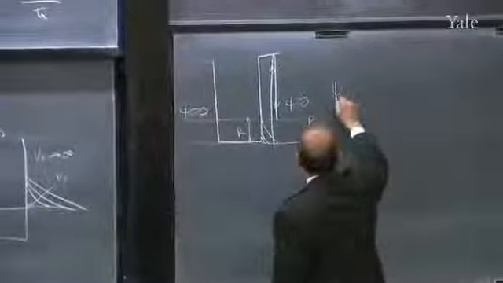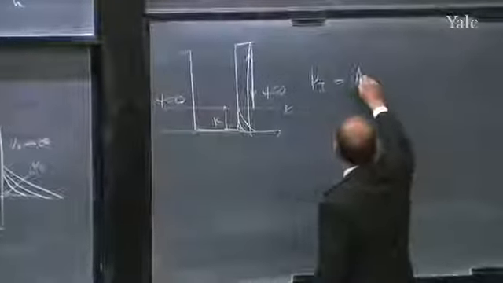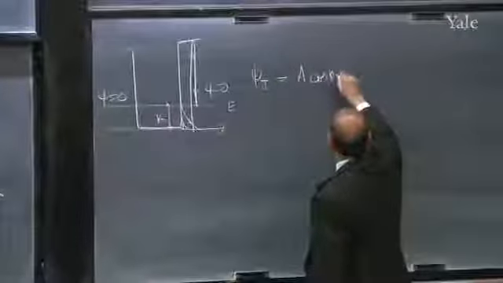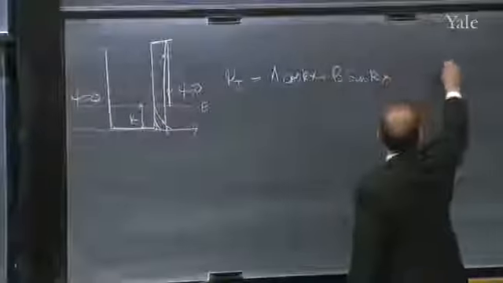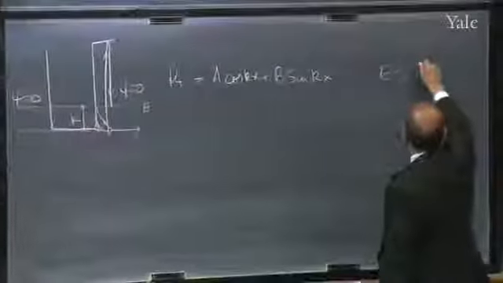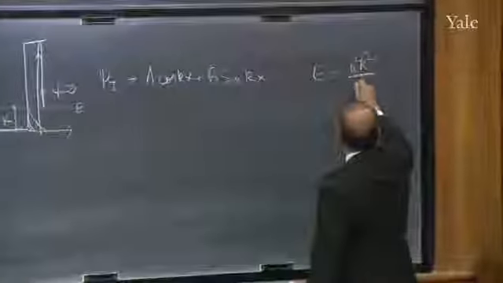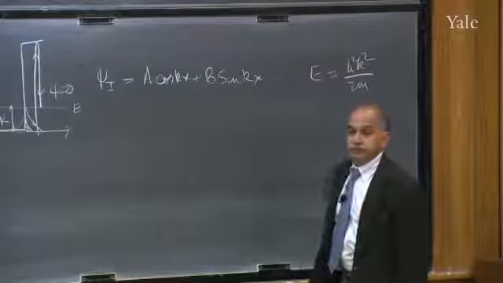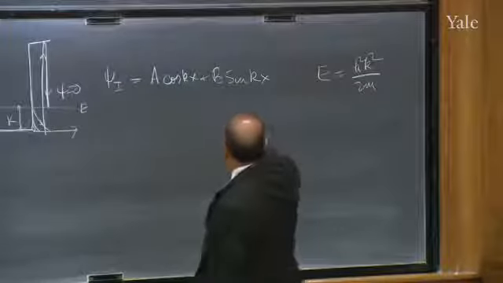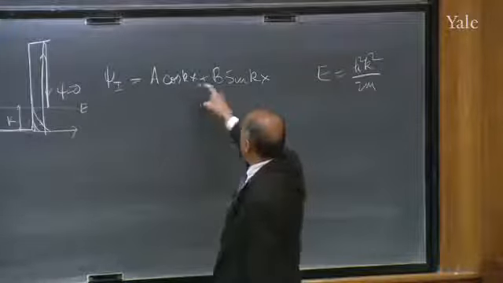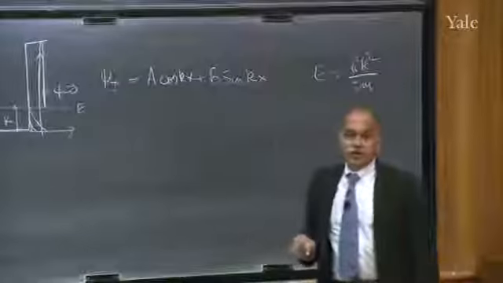And in region 1, I've shown you psi is equal to A cosine kx plus B sine kx, where the energy is related to k by ħ²k²/2m. So first, when we did only region 1, we get the impression that A and B and k can be whatever you like.